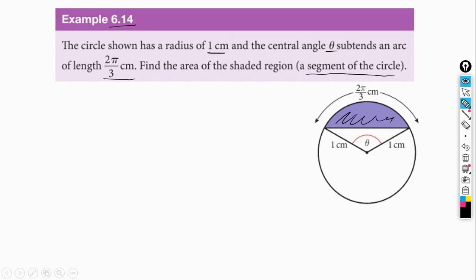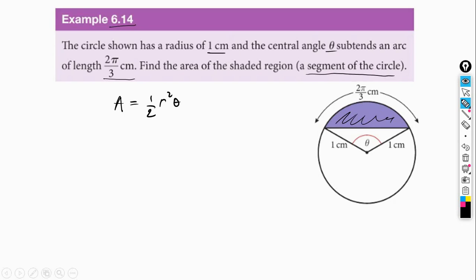First of all, let's remember that the formula for the area of a sector is 1/2 r squared times theta, where theta is the central angle in radians.